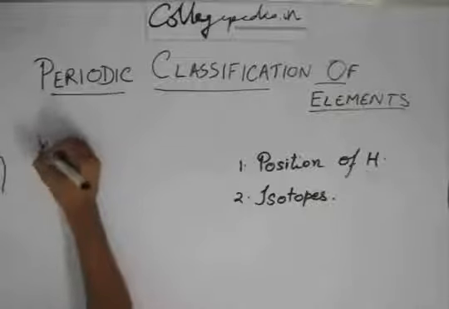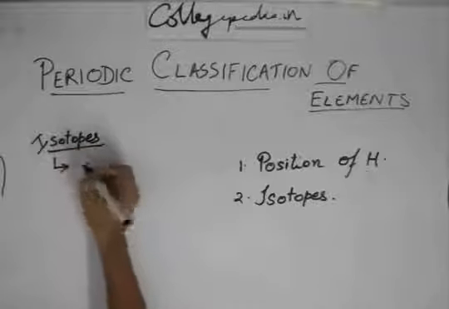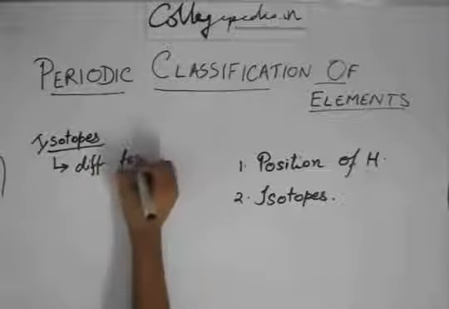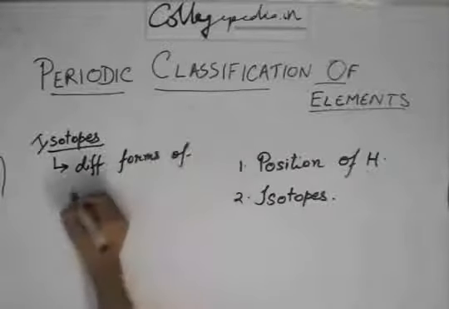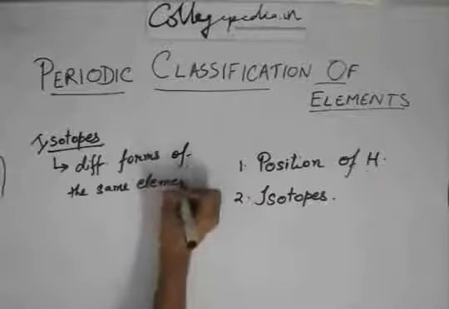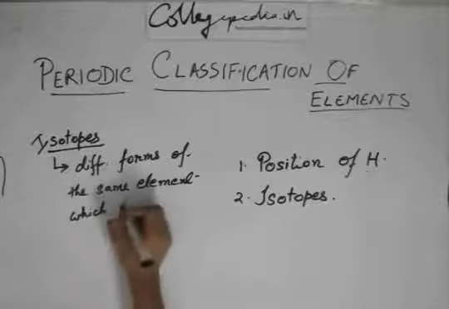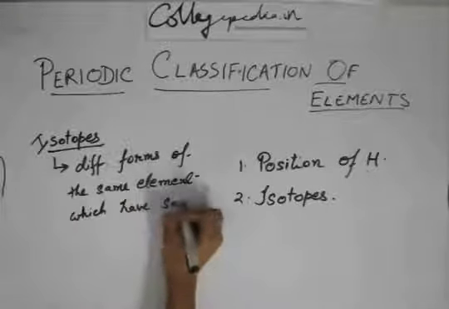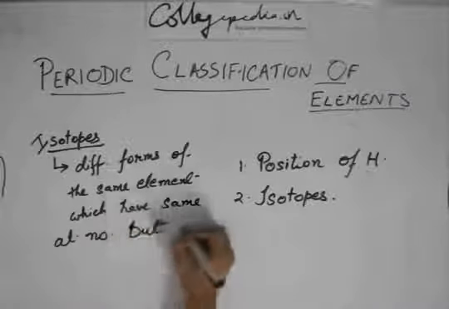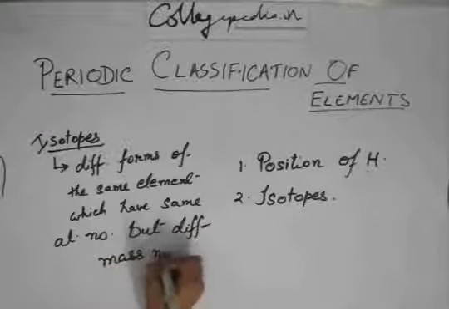Isotopes are different forms of the same element which have the same atomic number but different mass number. Mass number as in atomic mass.